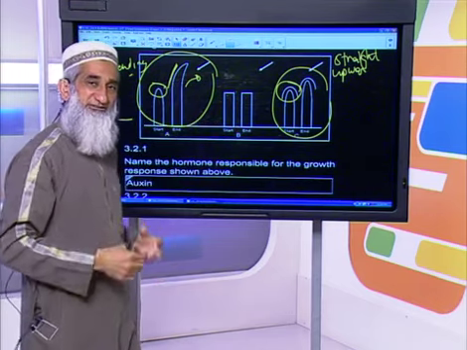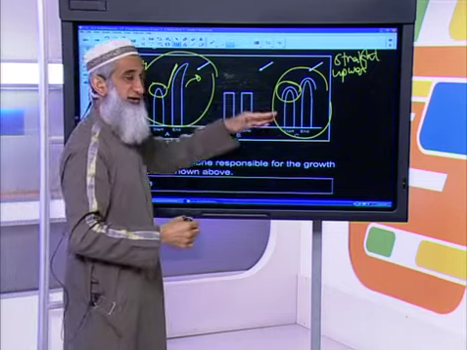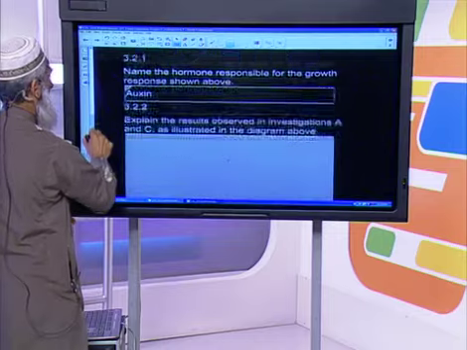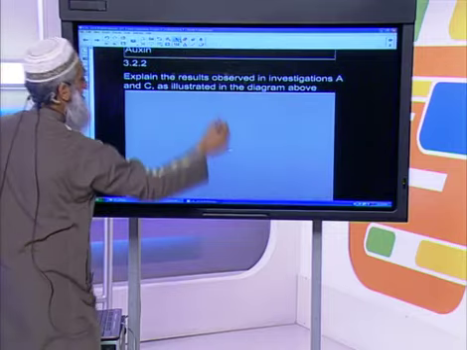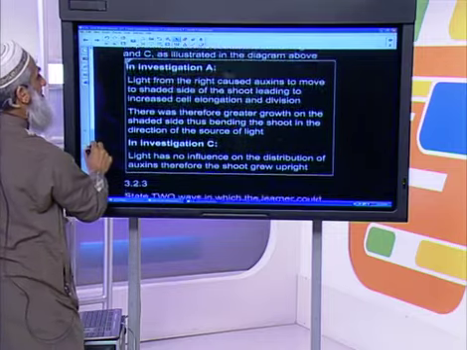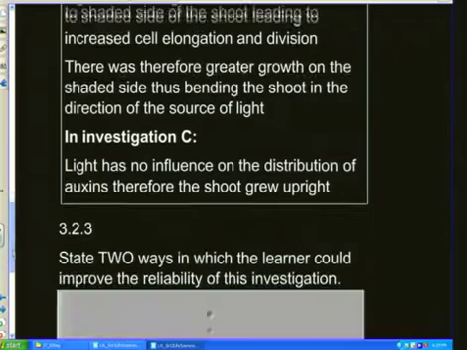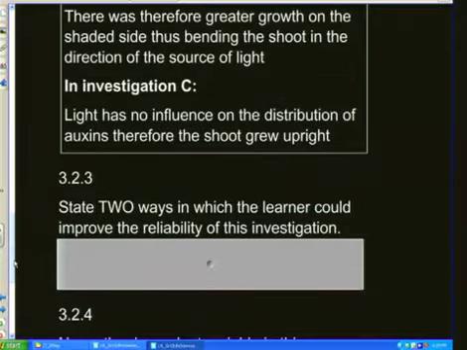And because they're not receiving light, they do not move to any one of the sides, and therefore it will go straight up. So it will be equally distributed. All right, let's just see how well we did. We said the same things there. Light has no influence because there was a cap on top of there, right?